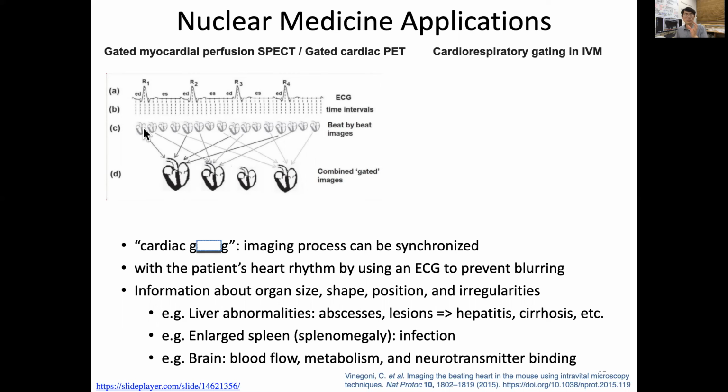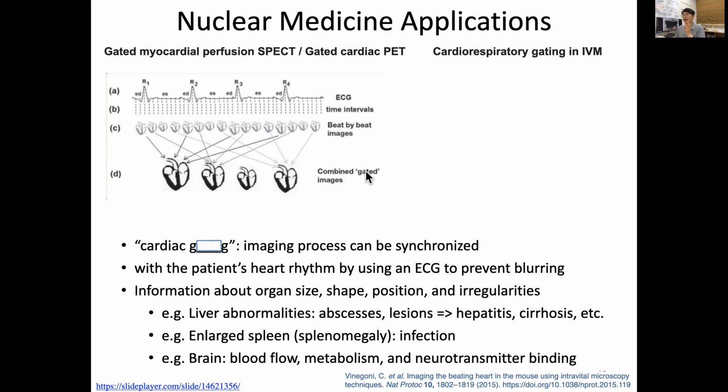So each picture may not have high signal, but we can accumulate them, let's say R1, R2, R3. When there's a QRS complex, it indicates the same phase, so we just add them up and we have a higher signal. We use this for a snapshot of this status, and the second one, and so likewise.